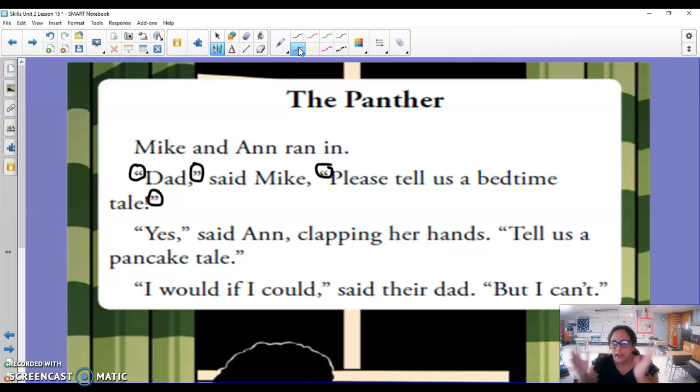So in this case, Mike, Ann, and Dad are talking back and forth. Do you remember what that's called when you see quotation marks? Good job. It's called dialogue. So dialogue is when characters or animals or objects, whatever it may be, are talking back and forth. Do you remember what this punctuation mark is called?